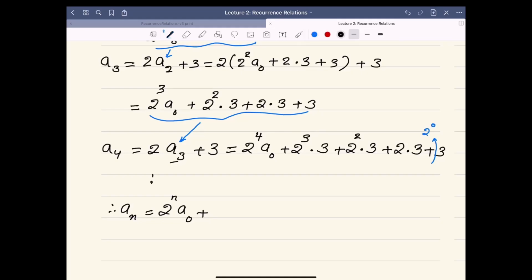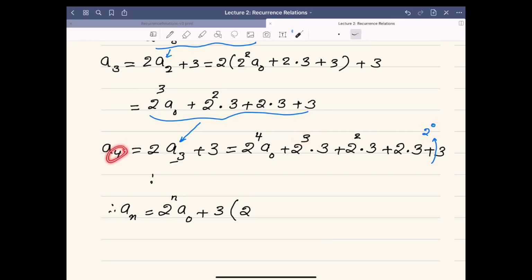So all the terms are multiplied by 2 raised to some power, and all of them are multiplied by 3. So 3 is common. Take a 3 outside, and inside we will have 2 to the power 3, 2 to the power 2, 2 to the power 1, and 2 to the power 0. Notice that if this is 4, then the maximum power is 3.